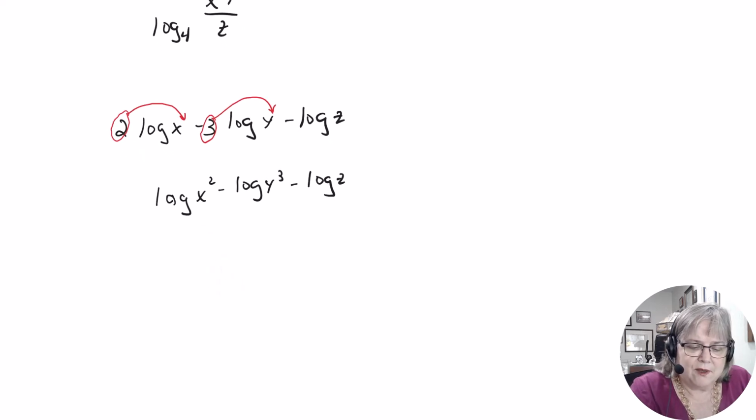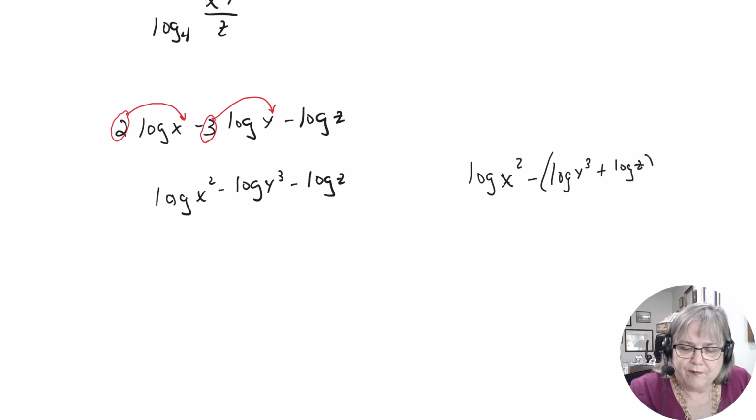So these two that are subtracting, you could think, if you wanted to do it a longer, slower, more methodical way, as minus the log of y cubed, factoring out a minus, plus log of z. So what that would do is this x squared would be on the top. This is saying you're going to divide. And these would be a product on the bottom.